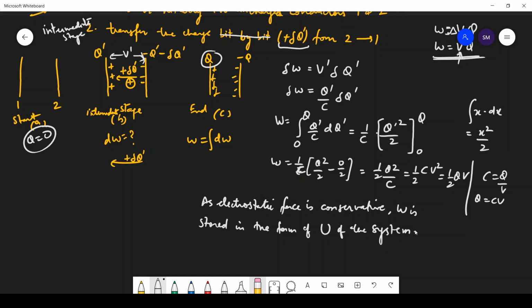So this is stored in the form of potential energy of the system.